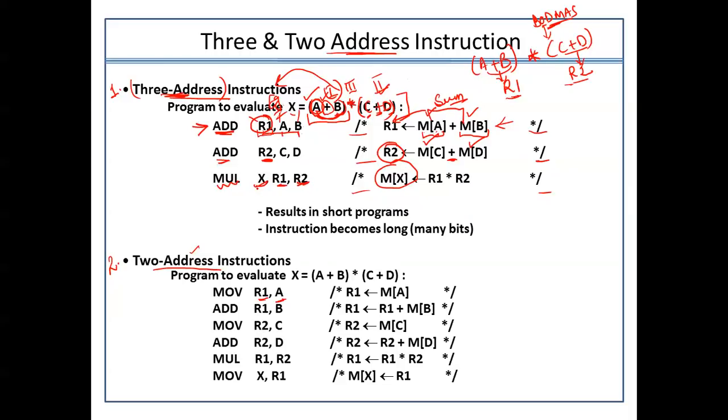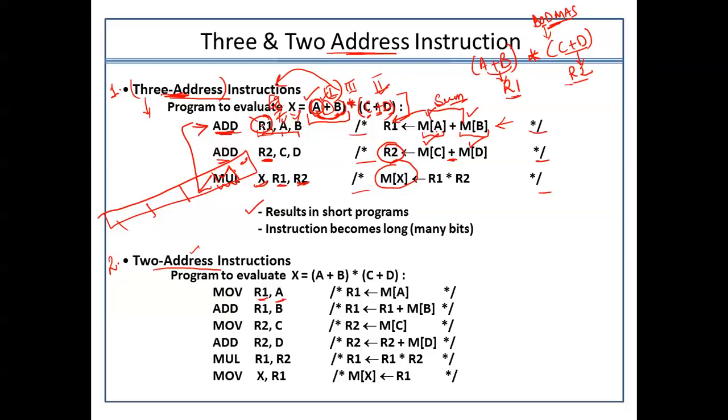So the basic consideration here in terms of three address instruction is that the program to compute this much of the micro operation is very short, right? It is computed in only three instructions. Otherwise, the instruction will become more lengthy because I need to specify three different addresses.